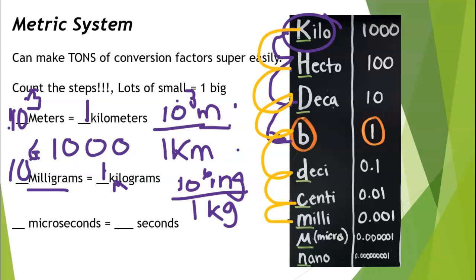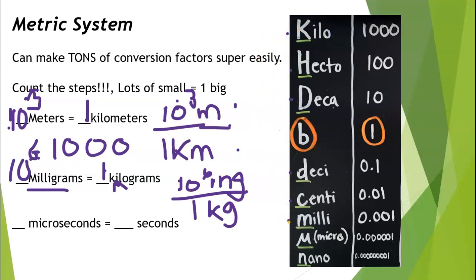Here we have to be a little careful because we're at that micro value. When we are at micro, remember it's a step of 3 between micro and milli. So we have to look first to see which is the bigger unit. Second is bigger, it's a base unit. So we're going to put some number of microseconds equals 1 second.